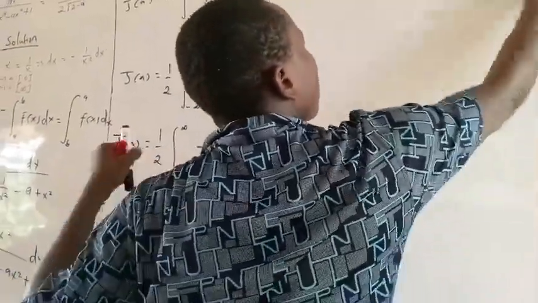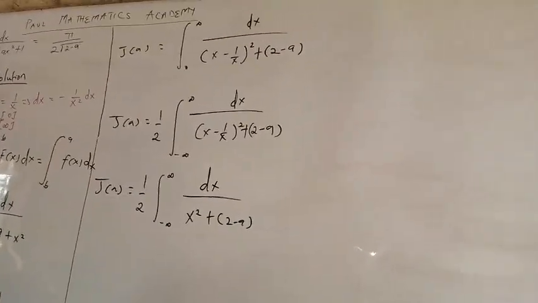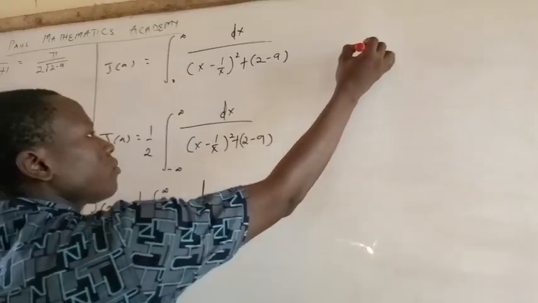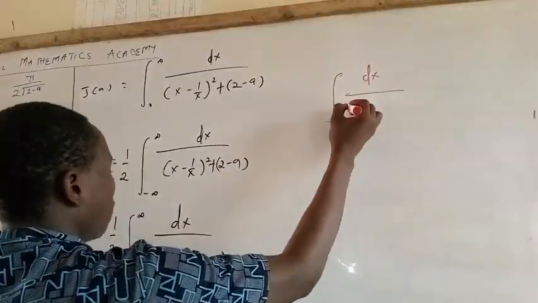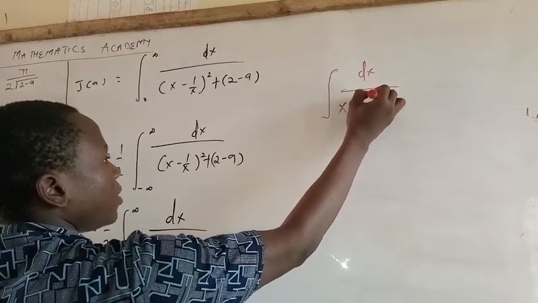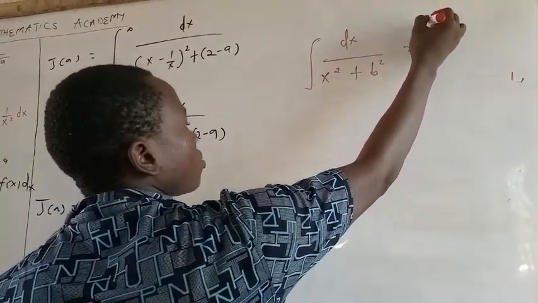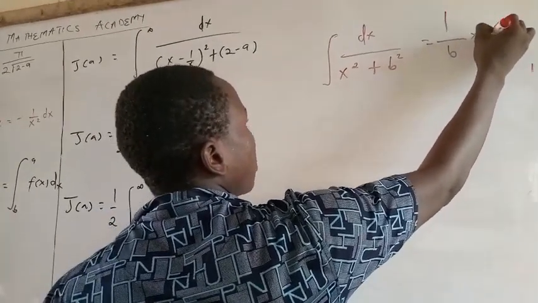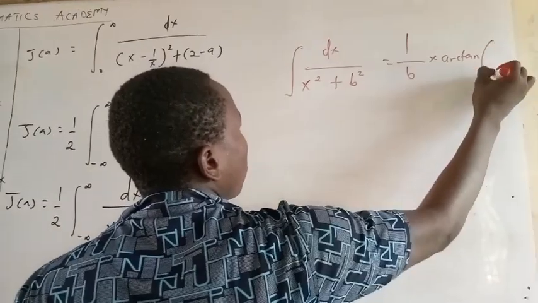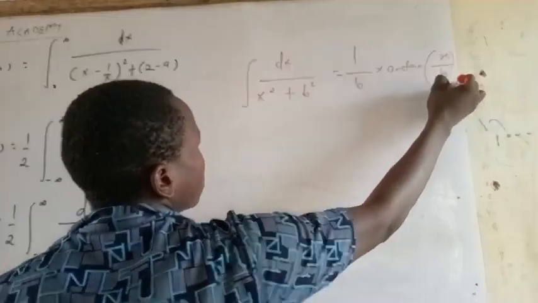So just use the basic integral for the arctan of x. Don't forget that the integral of dx over x squared plus b squared is equal to 1 over b multiplied by arctan of x over b plus c.